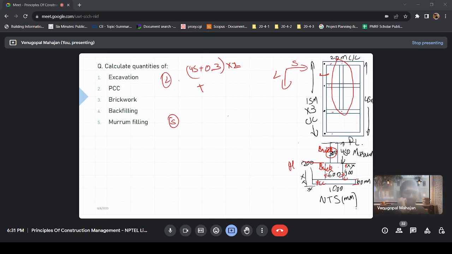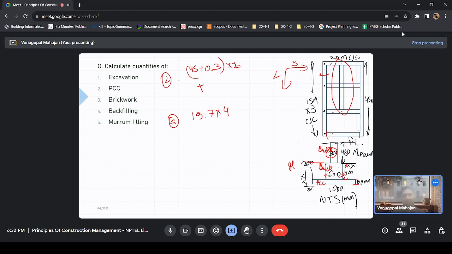And if you just have to take the inner dimension, you shouldn't have any objection over the sizes, right? So we can just take them as 20 meters center to center. So 20 minus 0.3, 19.7, into 4. Now what happens to this wall that I have highlighted? Help me solve this. We have already gone through the concepts, if we have to add, if we have to subtract.